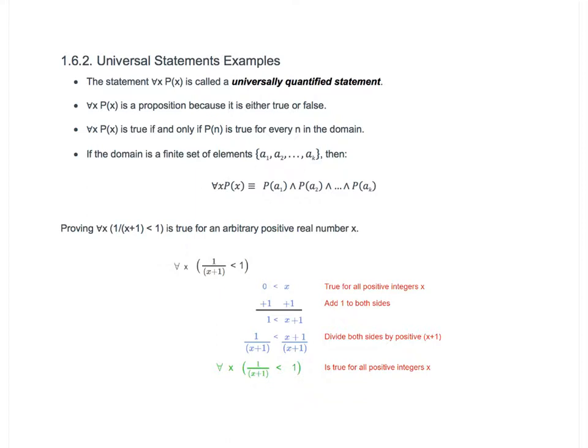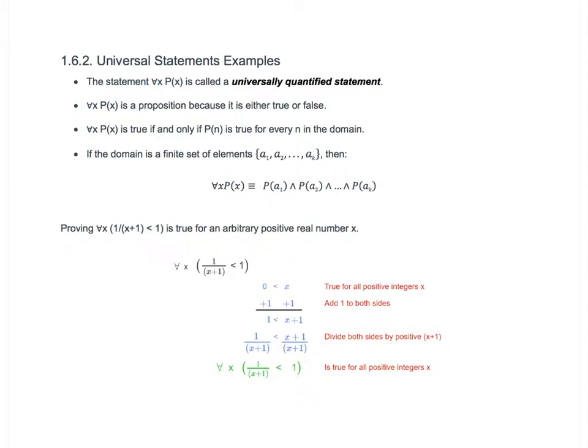As we said before, every variable participating in a predicate must be part of a set called a domain. So x can be replaced by only the values inside the domain of x. So when we say for every x, p of x, this is true if and only if p of n is true for every n in the domain of x.